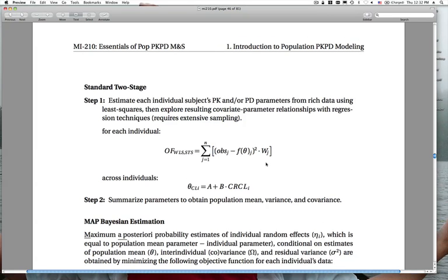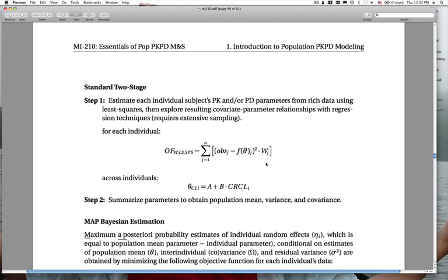The standard two-stage approach is one where the data design is important. In this case, the design must be one where the sampling is extensive, such that each individual by themselves supplies enough information to estimate the model parameters for that individual.